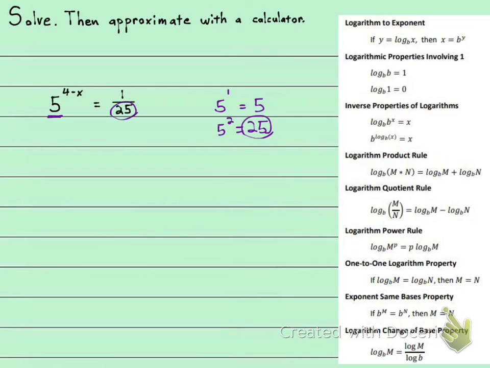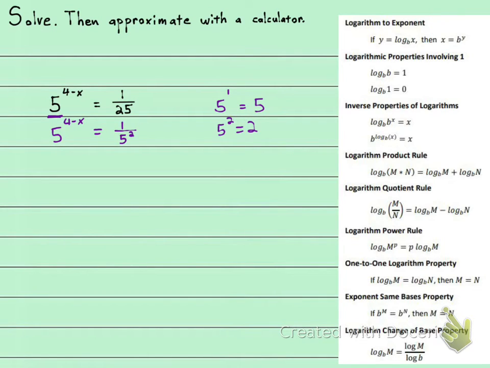So this is 5 squared. I could rewrite this as 1 over 5 squared. But that's not quite the base yet because it's down on the other side of the fraction.